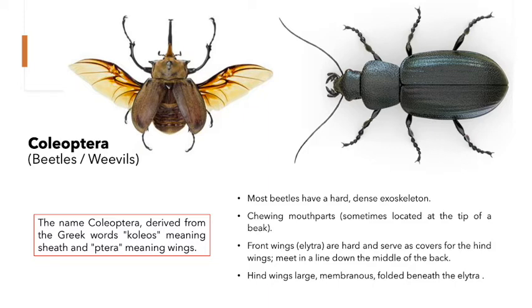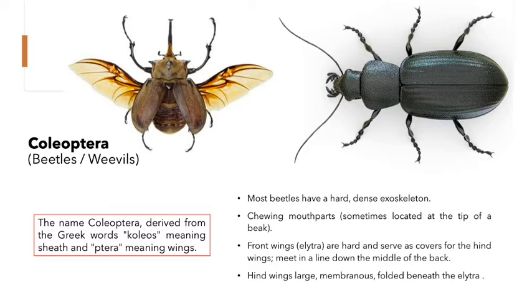Most beetles have a hard, dense exoskeleton that covers and protects most of their body surface. The front wings, known as elytra, are just as hard as the rest of the exoskeleton. They fold down over the abdomen and serve as protective covers for the large membranous hind wings.